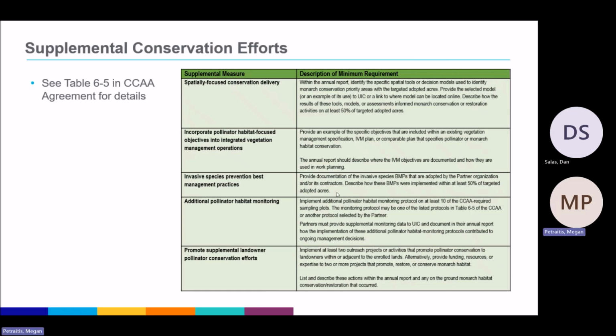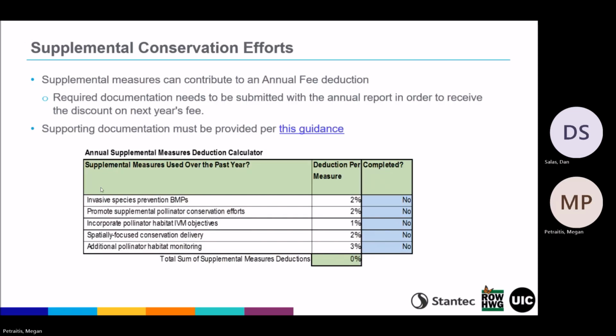So if you provided that to us and that's something that you did over the past year, we would take a look at that and determine if you're able to receive the discount or not. So these are the 5 different supplemental measures here, and then their deduction percentage here.